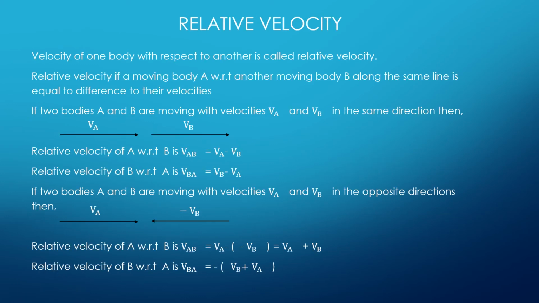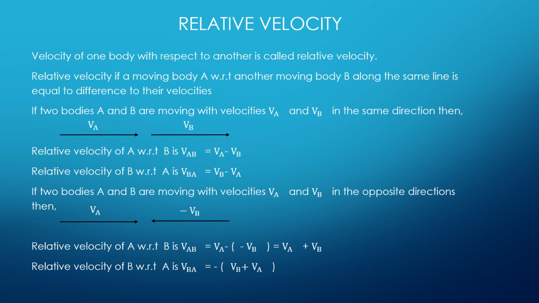Let's understand the concept of relative velocity. What is this relative velocity? Velocity of one body with respect to another is called relative velocity. Relative velocity of a body A with respect to another moving body B along the same line is equal to the difference of their velocity.